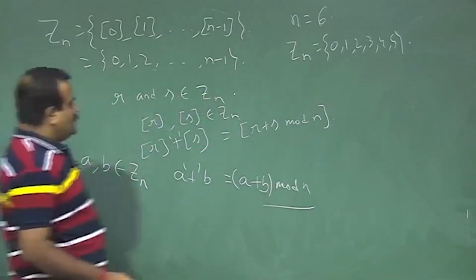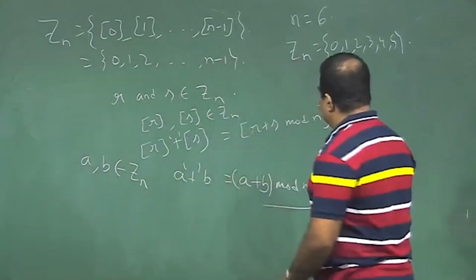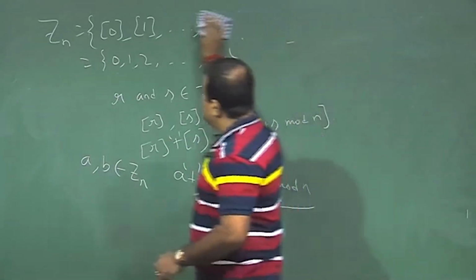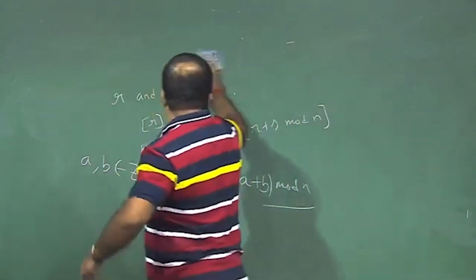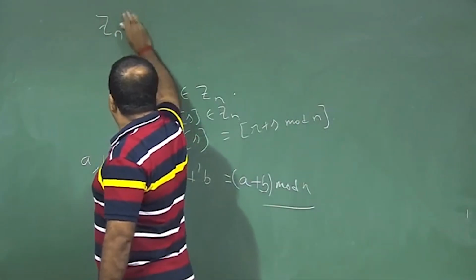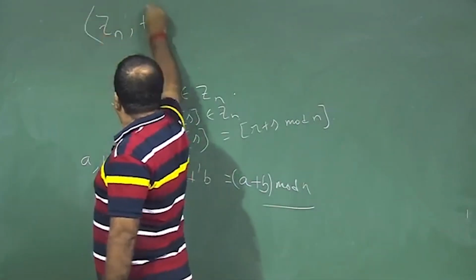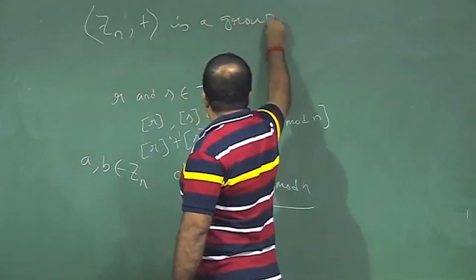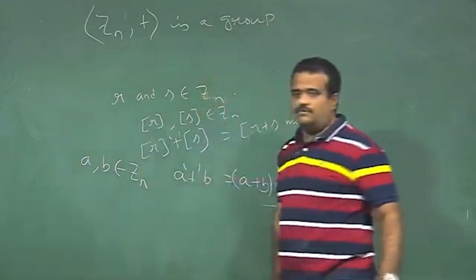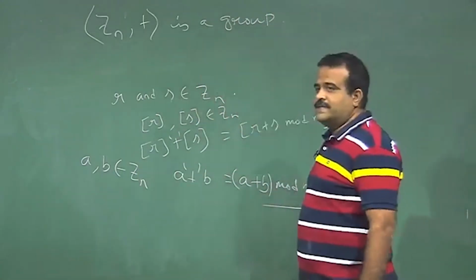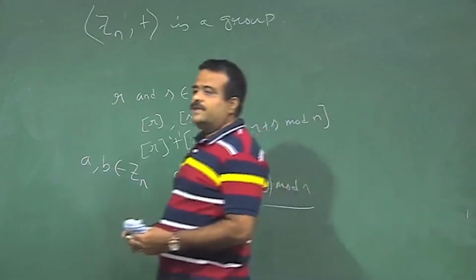Okay, so then we can show that this Zn along with this plus will form a group. Not only a group, it is a cyclic group, and the number of elements is finite. So this is an example of a finite group.